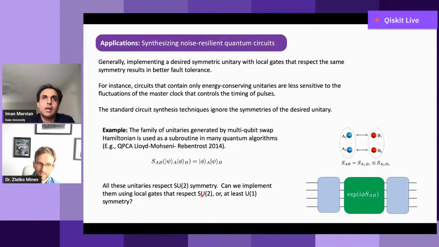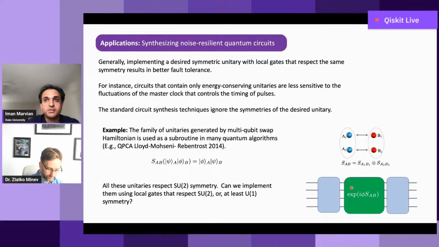Yeah, just going back to the last question and comment, I think for certain subroutines, like this family of swap Hamiltonians, the unitaries generated by swap Hamiltonians that are useful for quantum algorithms, even in the NISQ regime it could be useful to think about their implementation using gates that respect symmetry.